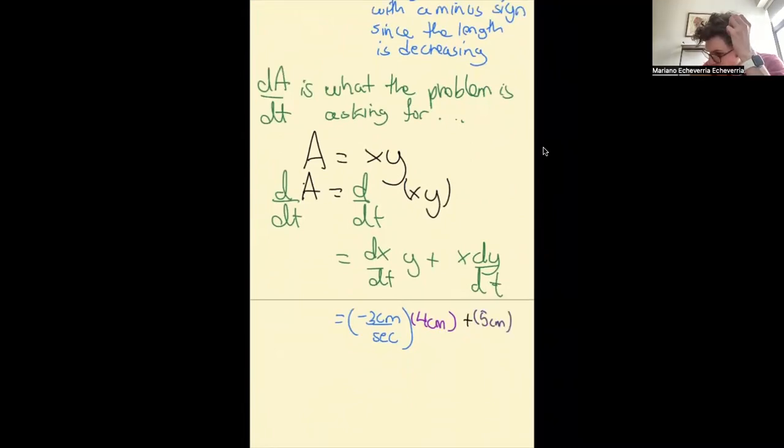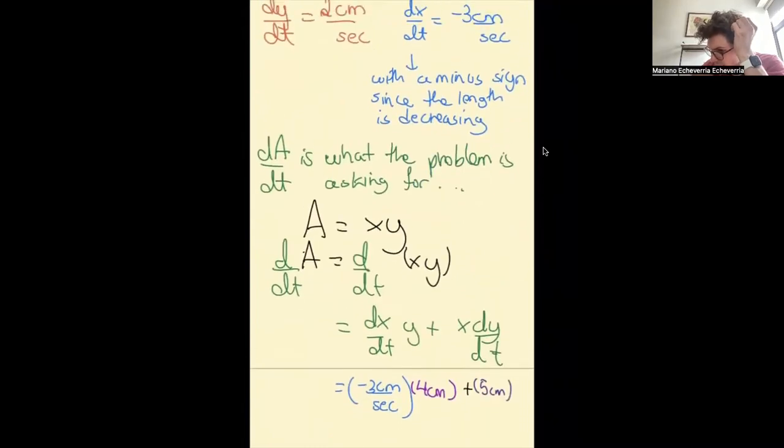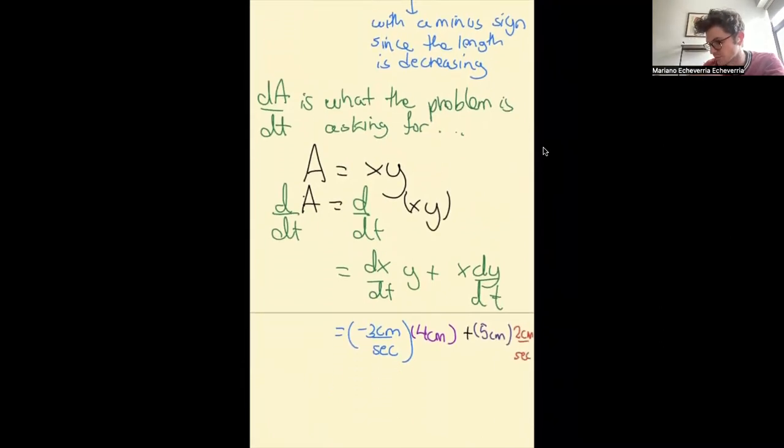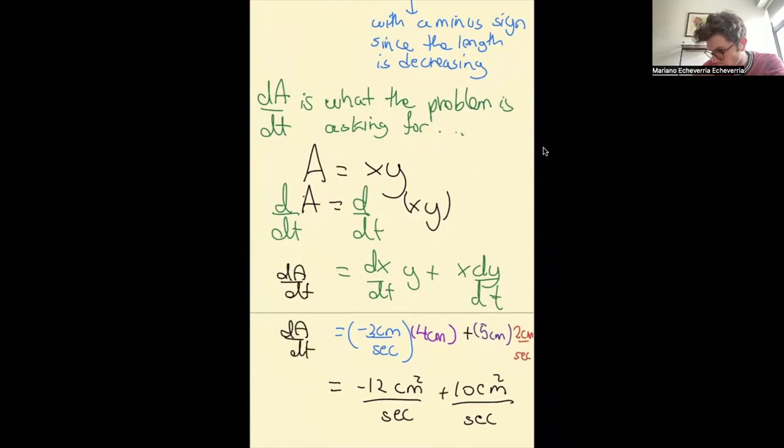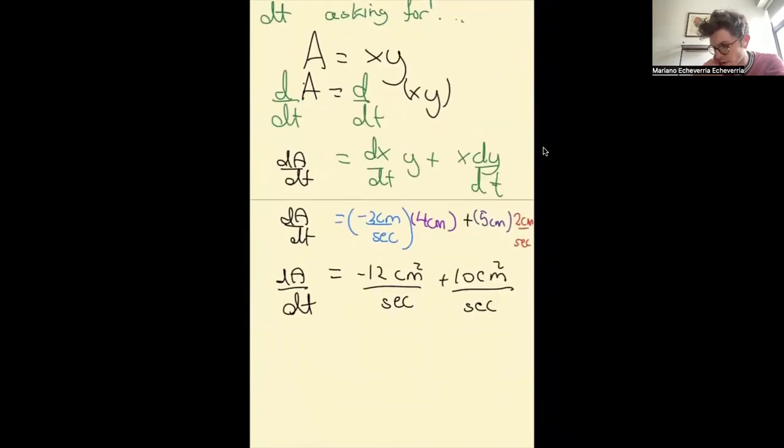And dy/dt was 2 centimeters per second. Okay, so this gives you minus 12 centimeters squared per second plus 10 centimeters squared per second. And what is that? That is minus 2 centimeters squared per second. Is that making sense?